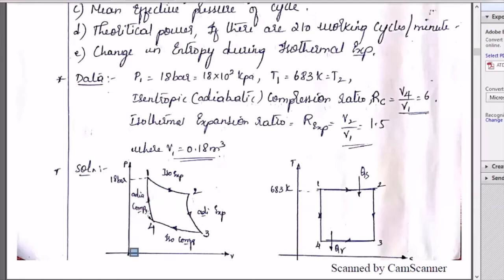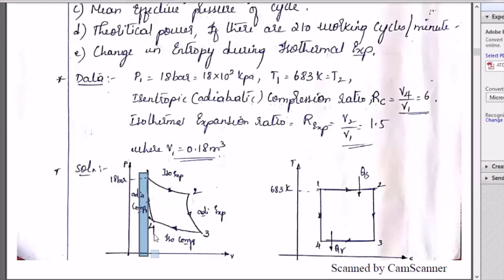Now volume V4 is present here. If I project this to the x-axis, volume V1 will be here. So 4 comes here and 1 comes at the full line. The fourth point has more volume compared to V1, the first point, which is less. Therefore, its ratio becomes more to the less.